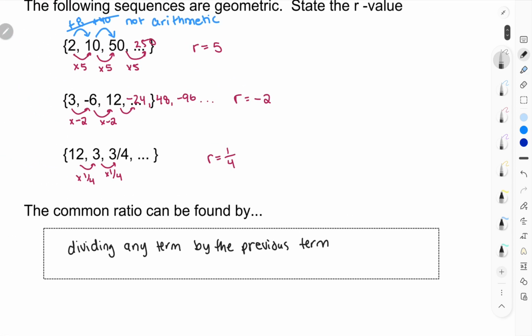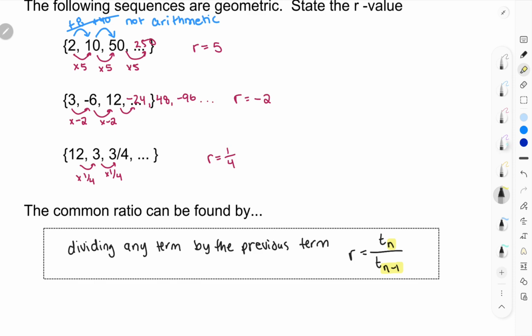Right? For common differences, we subtracted because I was trying to find what am I adding each time. This time I'm dividing because I'm saying what am I multiplying by each time. And so I can denote that again by saying any term divided by the previous term, right? This is my nth term, n minus 1 is one term right before it.